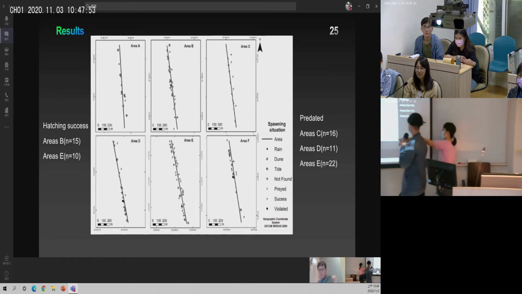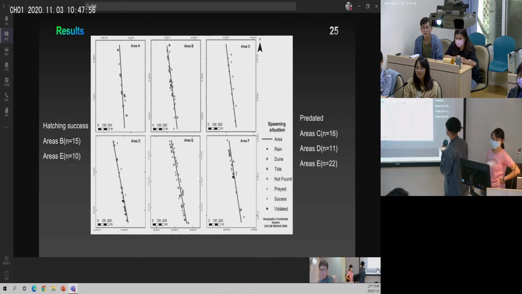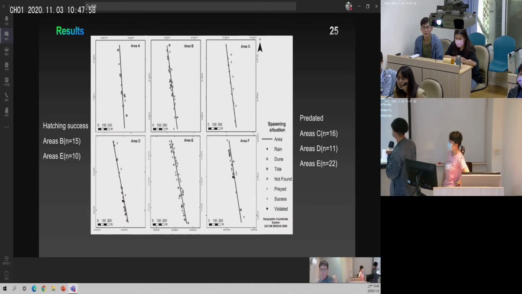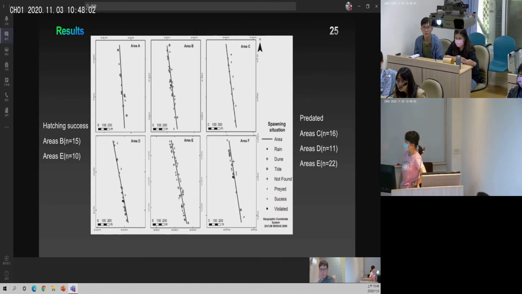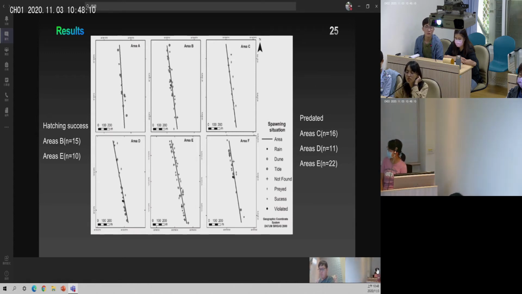We can see that there is a success icon in here, so we count them, and hatching success. The area with the most hatching success is area B and area E because it has so many success icons.